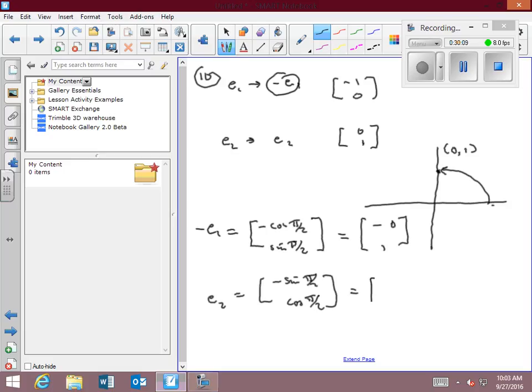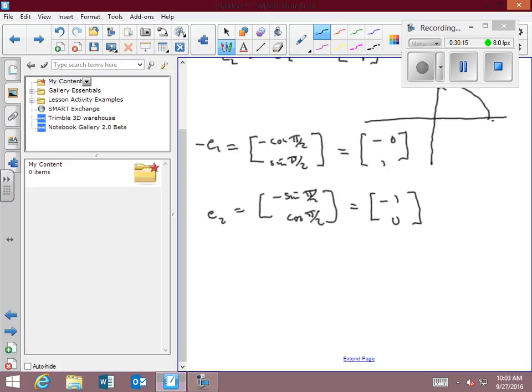And this one is a negative 1 and 0. So then your A has got to be 0, 1, minus 1, 0. So that's your transformation matrix.